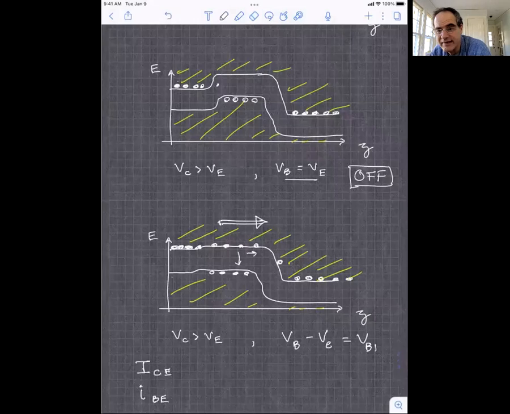These are the electrons that recombine in the base. But the large current will end up being proportional to the small current. And the constant of proportionality, beta, should be much larger than 1 in a properly designed transistor. So that's how a bipolar junction transistor works.